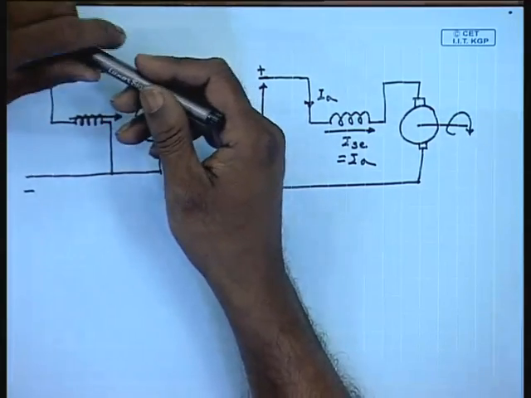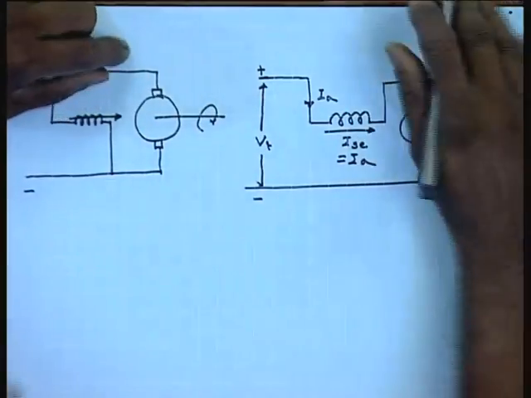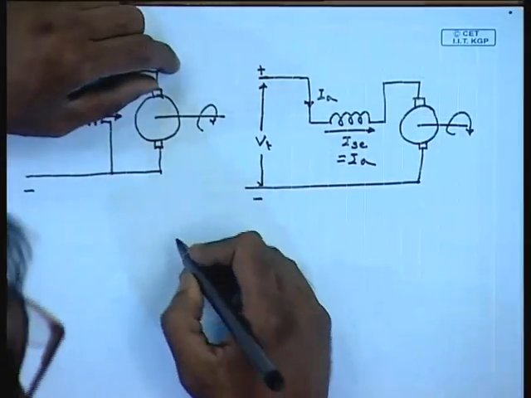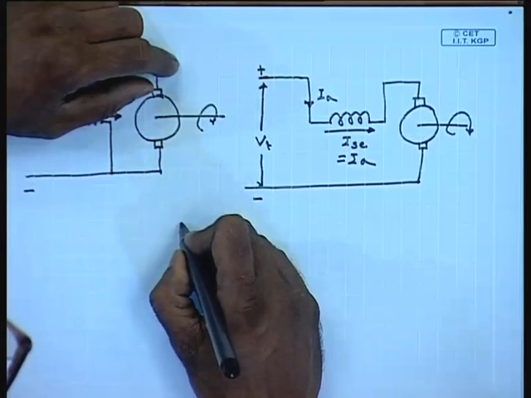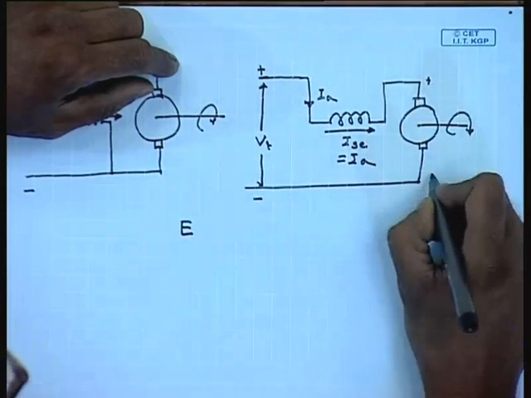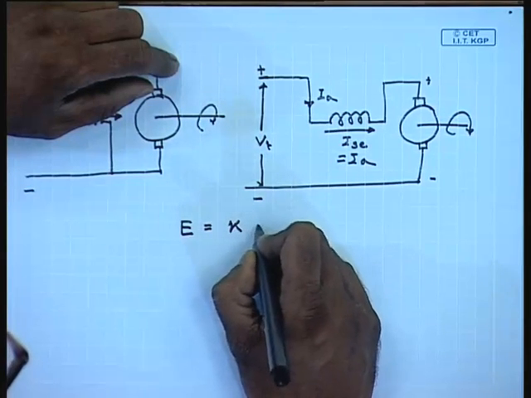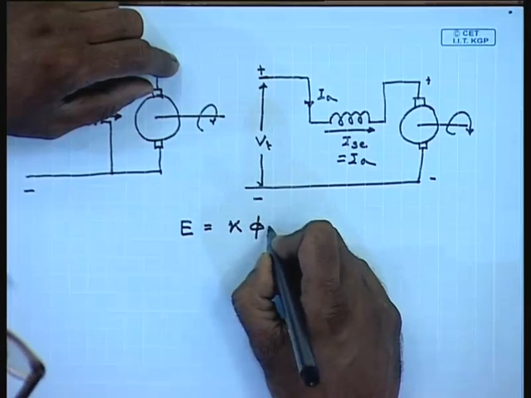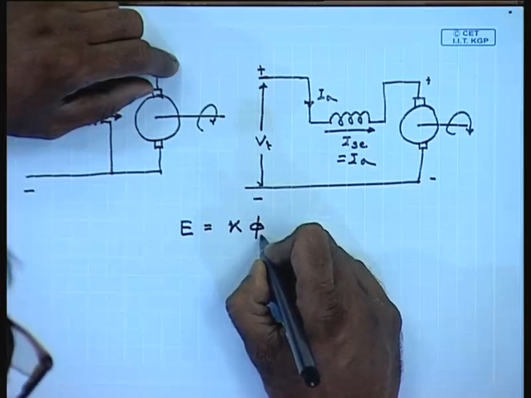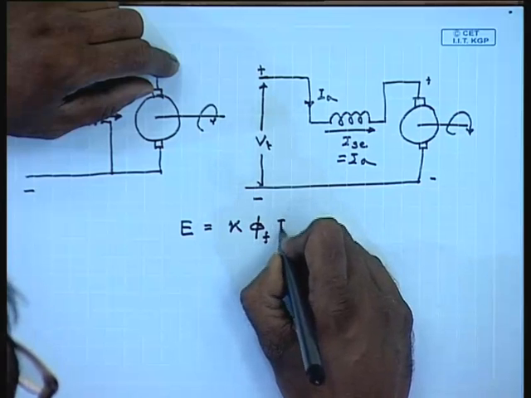Whether the excitation is obtained from a shunt field or from a series field, the basic equation of a DC machine holds, that is, the induced voltage E across the brushes is given by back EMF constant K into phi f, the field flux, into armature current.